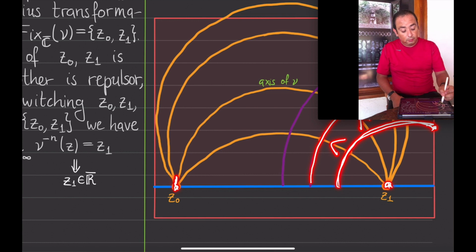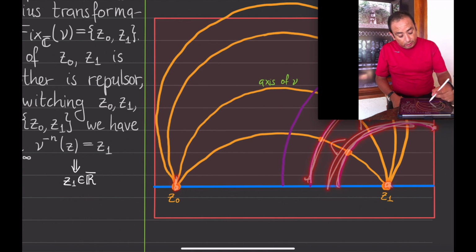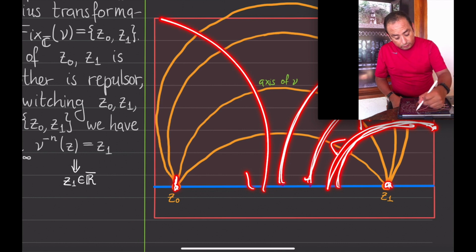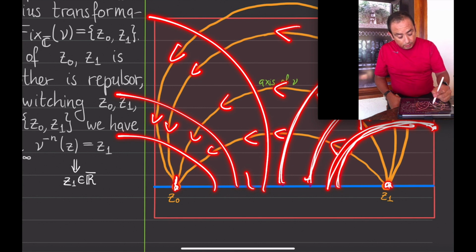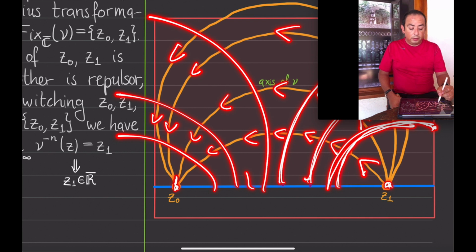So all of these points go to all of these points, and then in the next iteration, let's say, to all of these points, etc. So all of this, all of this, all of this, along all these stable curves, things flow. That's kind of the picture of how things flow.